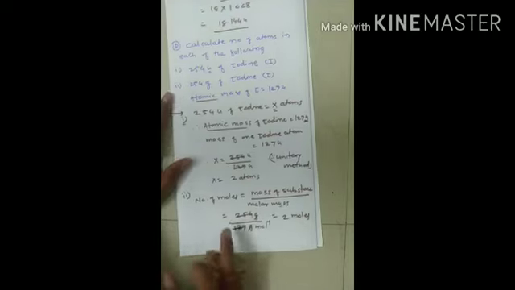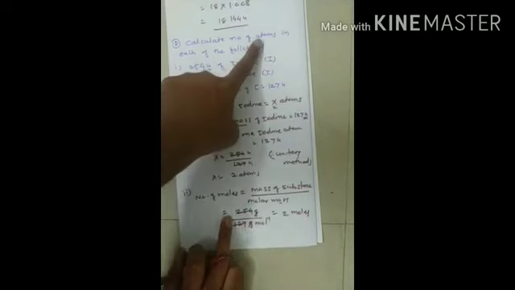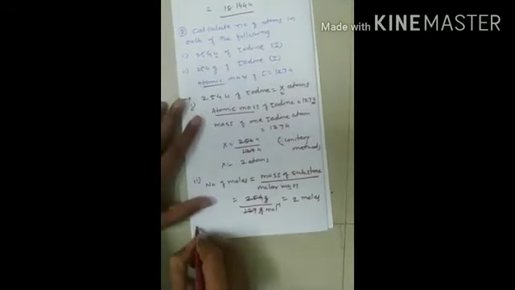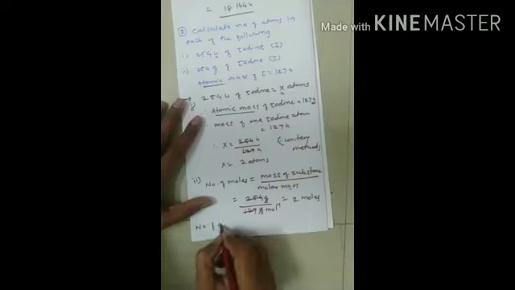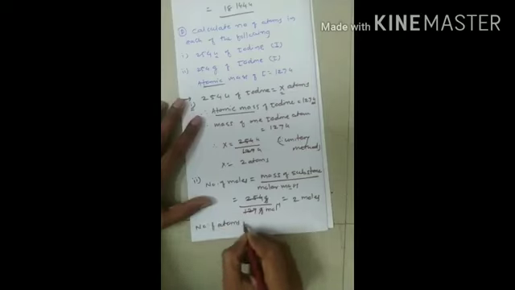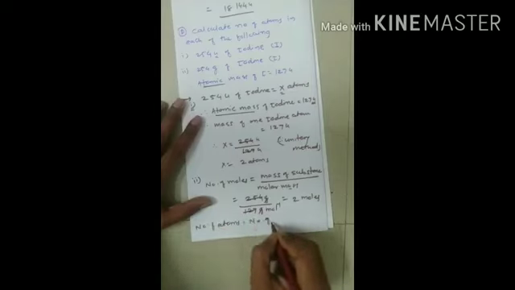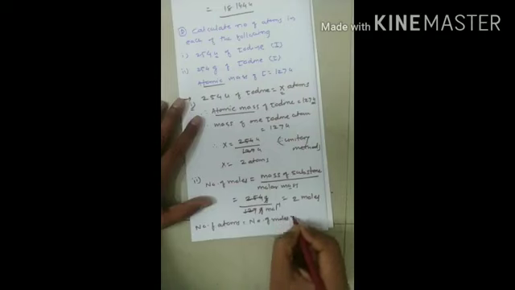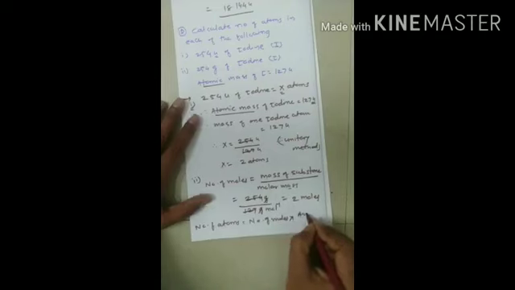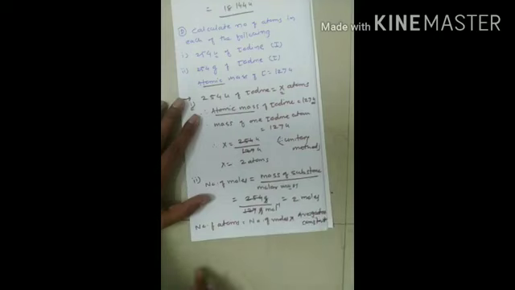Here we are interested to calculate the number of atoms. So number of atoms equals number of moles into Avogadro constant. When we multiply the number of moles, 2, into the Avogadro constant, that gives me the number of atoms.